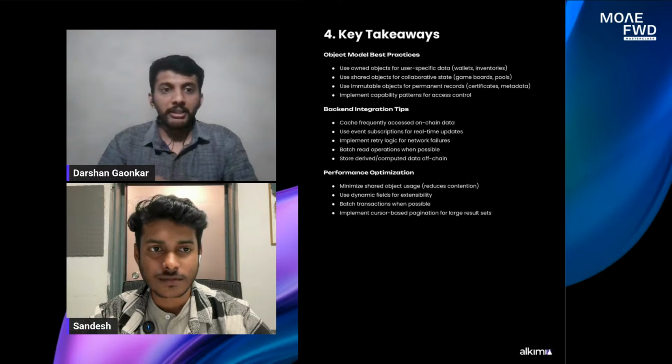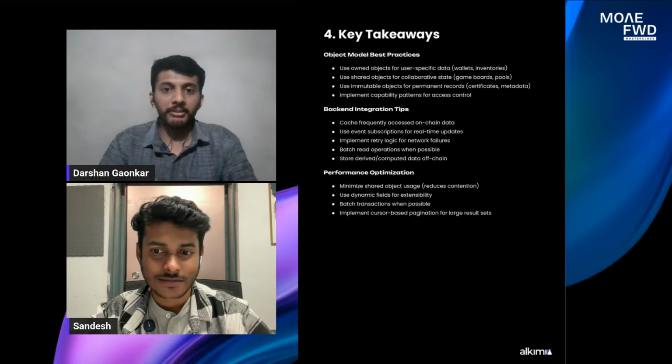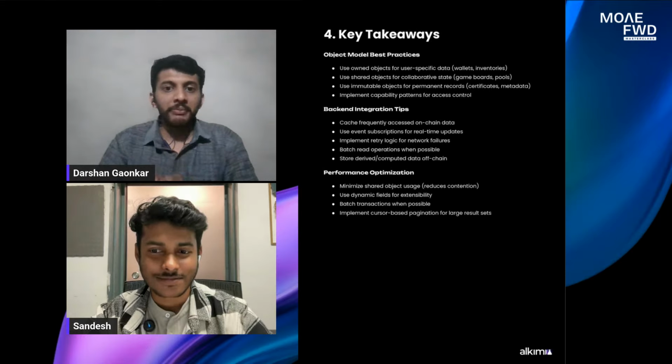Suppose you are calling multiple times, we may reach a rate limit, or we may face some bad network issues, or it may fail for other reasons also. So it is better to use retry logic with 3 or 5 retries, whichever suits the design, and use batch read operations when possible.